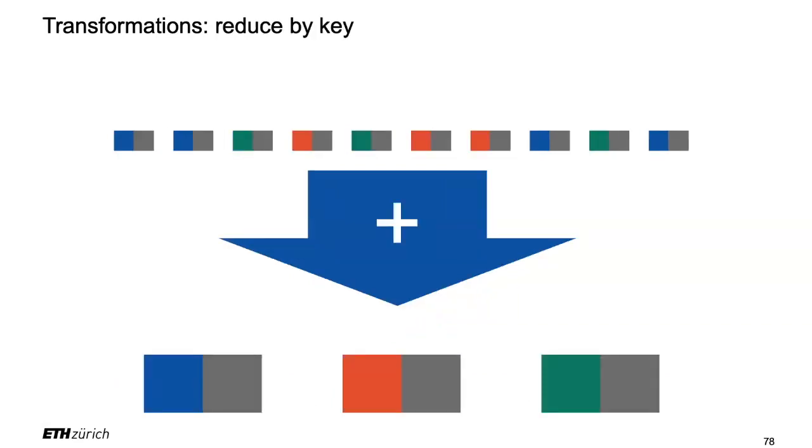Another one is reduce by key, meaning that you group together the key-value pairs that have the same key, and then you reduce by calling plus or count or max or min or whatever on the values. Now, this is the MapReduce reduce. So the MapReduce map is flat map, and the equivalent of the MapReduce reduce is reduce by key, because this is exactly what MapReduce is doing in the reduce part.